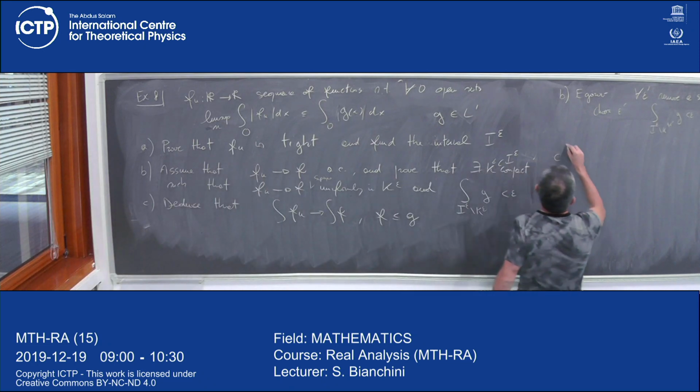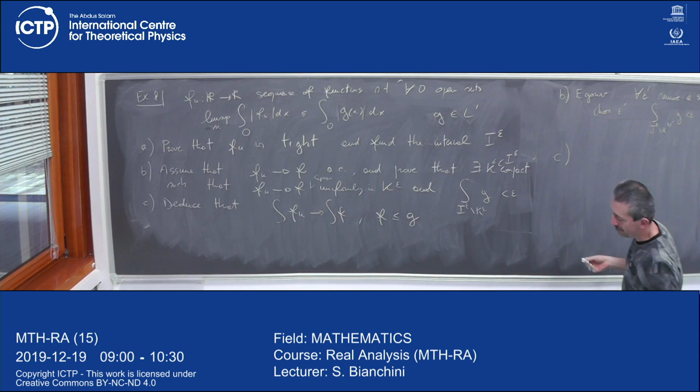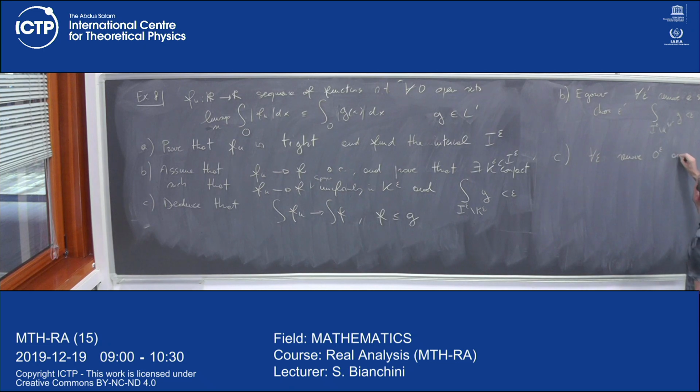It means that for all epsilon, I remove a set, let's call it O epsilon, such that if the measure of the set O epsilon is less than delta, there exists delta, then the integral of Fn over O epsilon is less than epsilon.